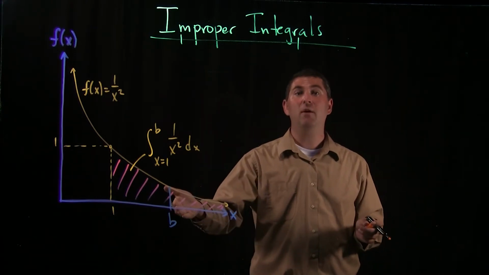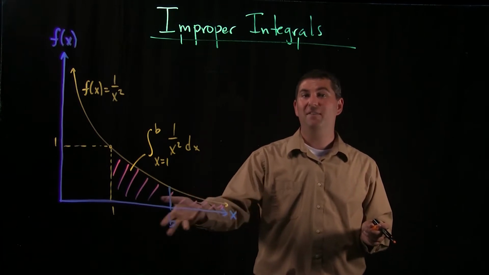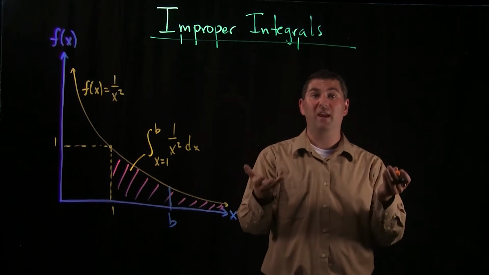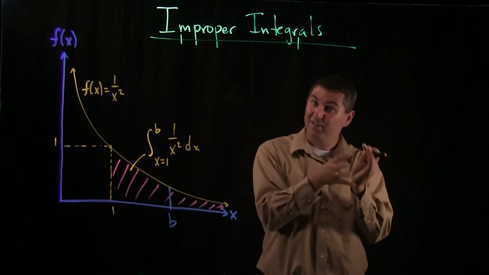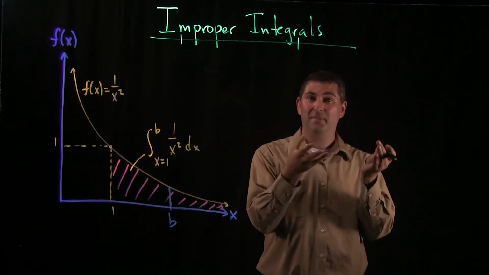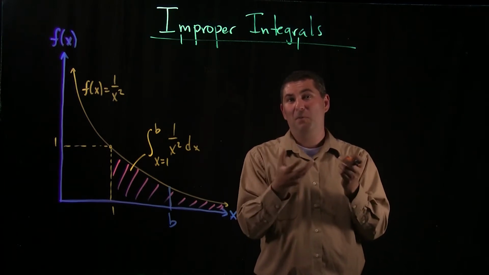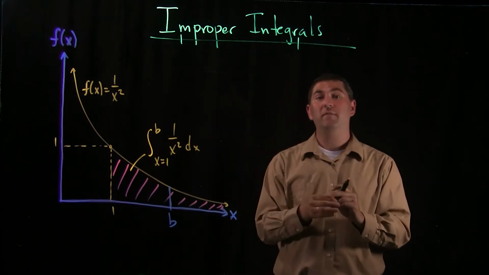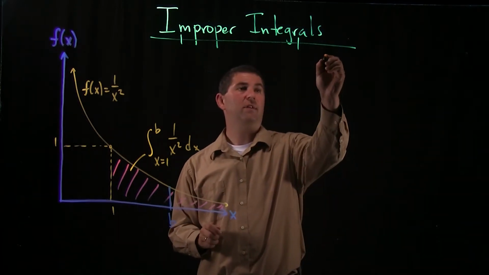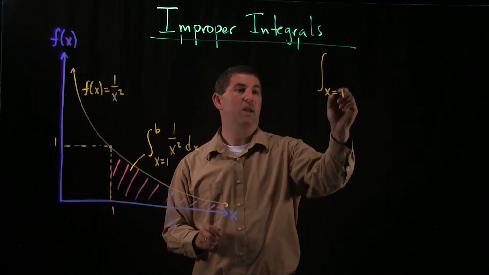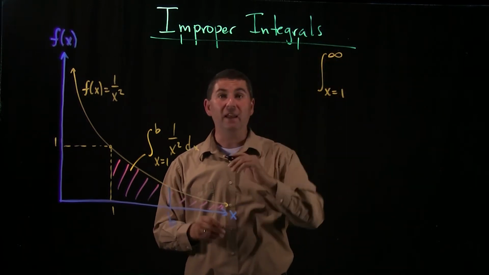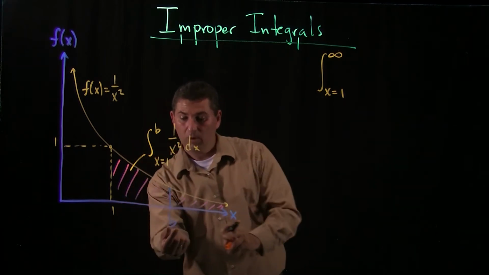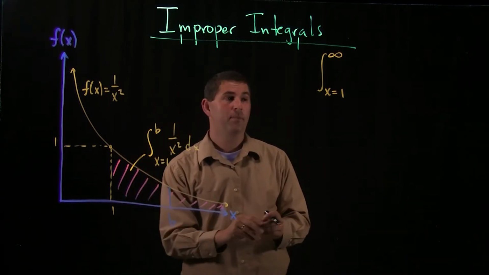Question is, as b goes out to infinity, does that area that I get by moving b out further and further converge to anything? Does it get closer and closer and stay close to some specific value? We need a limit. That's what we're getting at here. So the way we're going to define an integral of this form, integral from, say, 1 to infinity, is we're going to define it as the limit of the process where we let b go out to infinity.